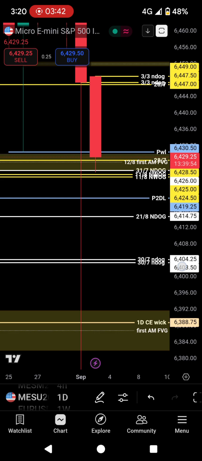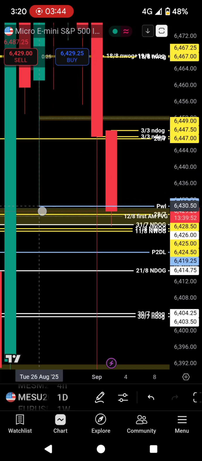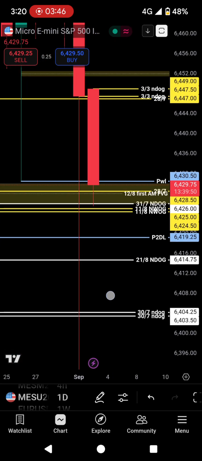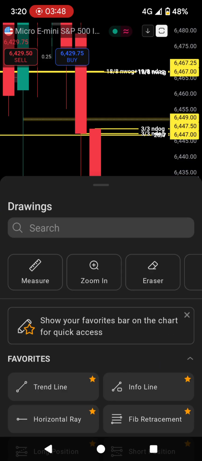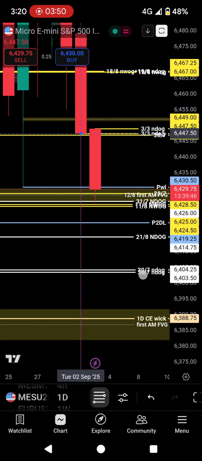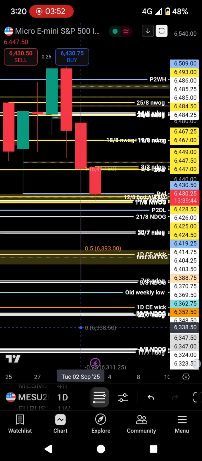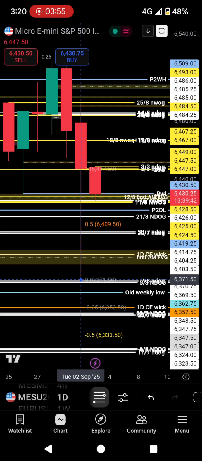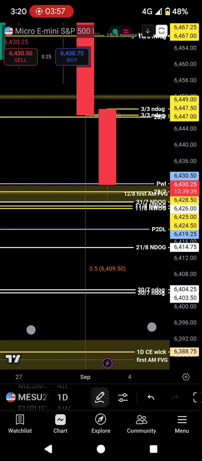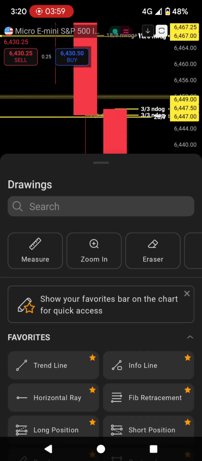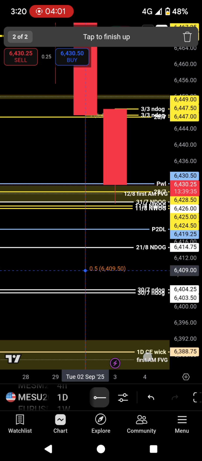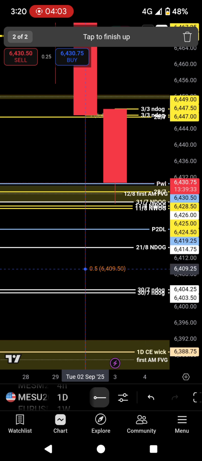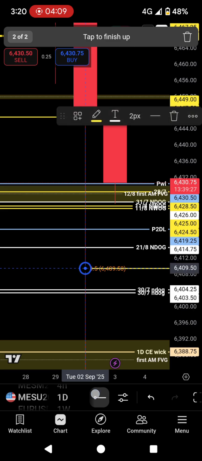Okay, so right now we are trading at the previous week low. So if we trade below it on this daily chart, then the draw is going to be the CE of this week, okay? And the CE of this week comes at 6409.5. There you go.